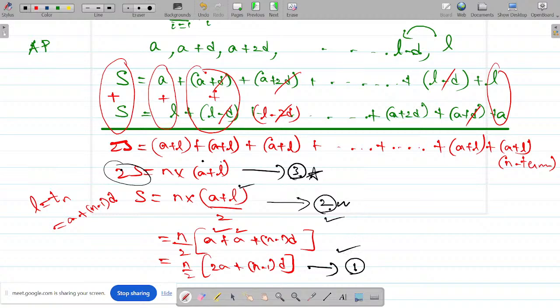Okay, if you write in wordings, shall I write like this? N times of, yeah, whenever you see some addition, division by the same number of values, you represent as the word average. See, we were using A, B, C. B is nothing but A plus C by 2, average of the first and the last term.